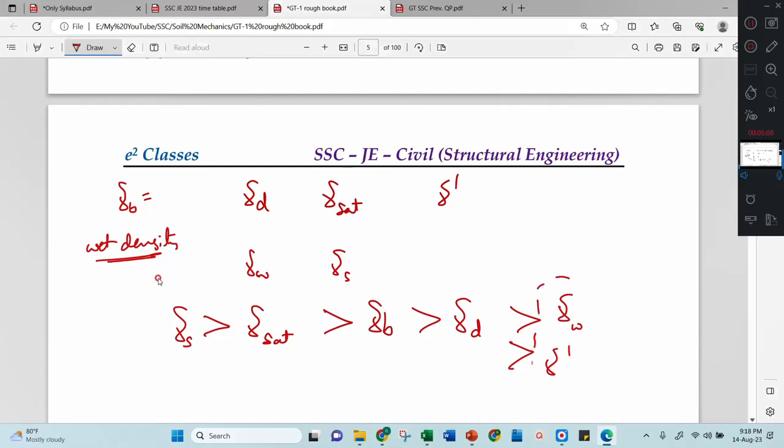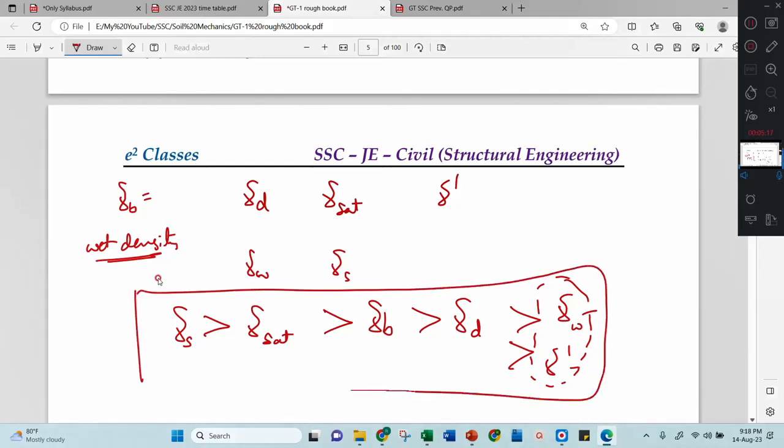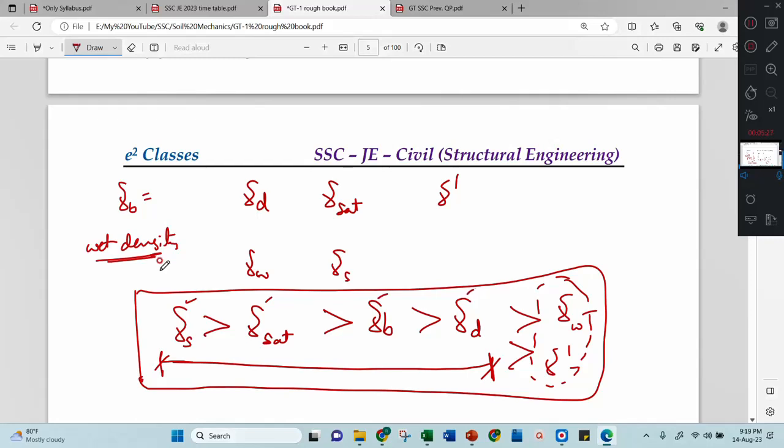Here some fight is there. Sometimes this is smaller, sometimes that is smaller. Right? This is the order of these densities. Up to here I am very sure about the densities, that this is bigger, smaller, smaller, smaller. But here there will be a little difference.